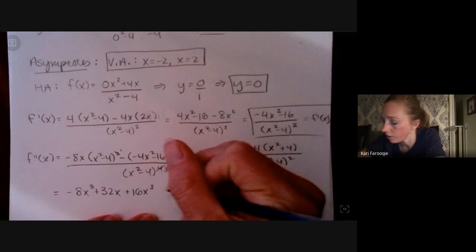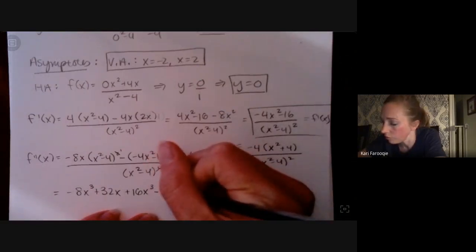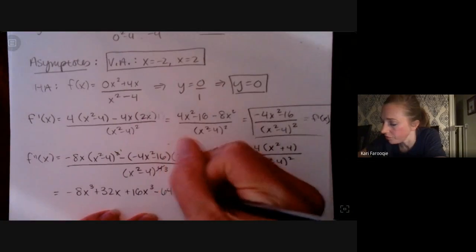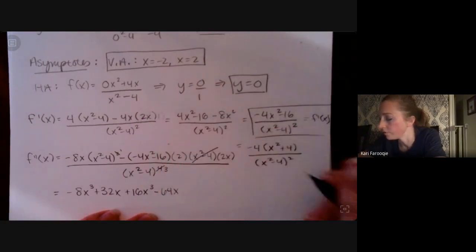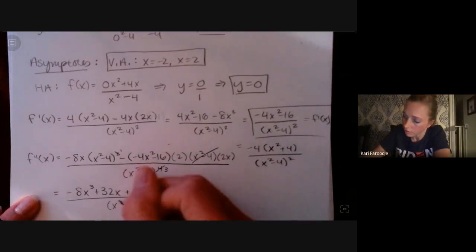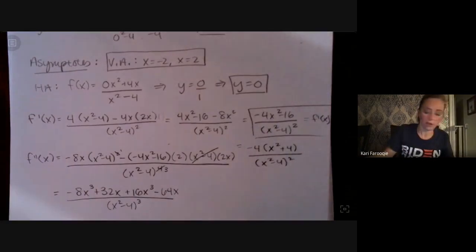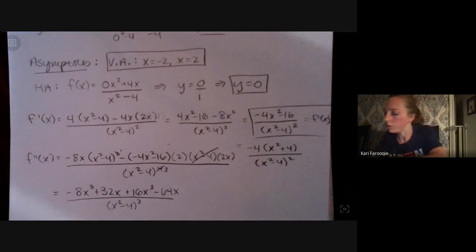So negative 4x times positive 16 will end up giving you negative 64x. And then we'll divide by, let's see, our denominator. And again, just checking here to make sure that everything looks good.